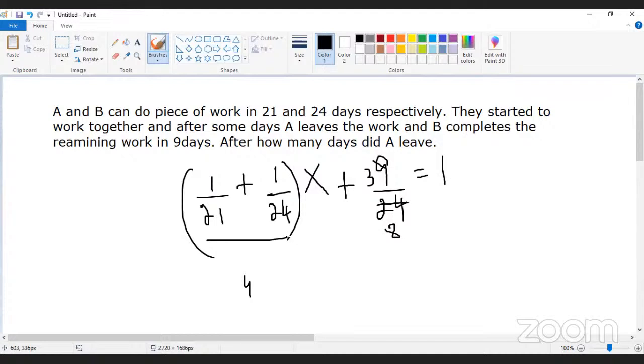No. Can 56 be the LCM for these both? No. This is 7 times 3, and that is 6 times 4. So 4 into 3, 12, and 7. Yeah, 12 times 7.